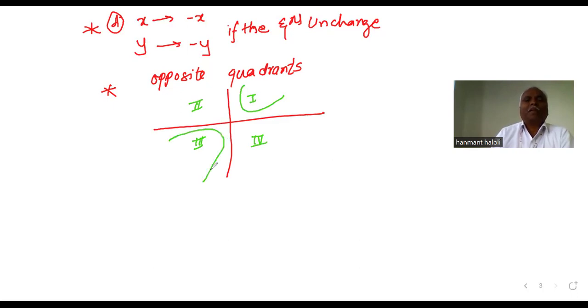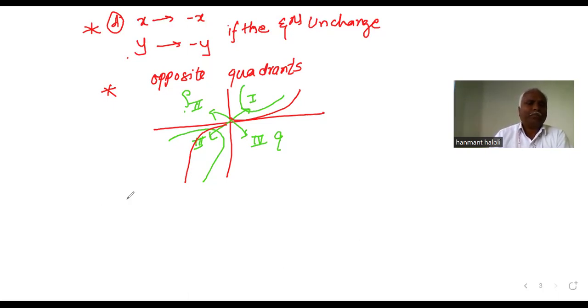These two are called opposite quadrants, and these two are opposite of each other. Then the curve is symmetric in opposite quadrants. If the curve moves like this here, it also moves like this in the opposite quadrant. This means that if you replace x by minus x and y by minus y, the curve is symmetric about the opposite quadrant.